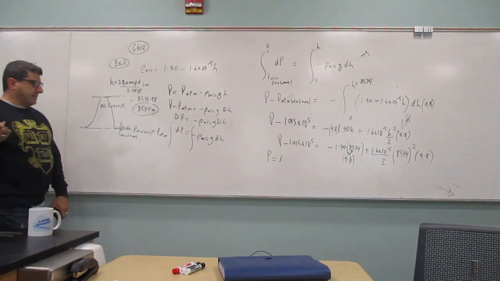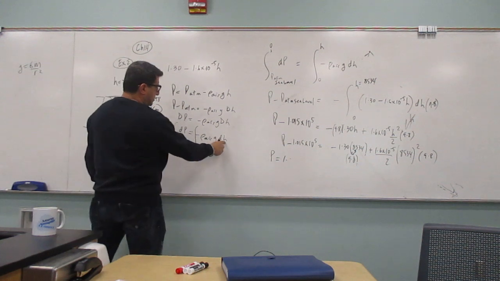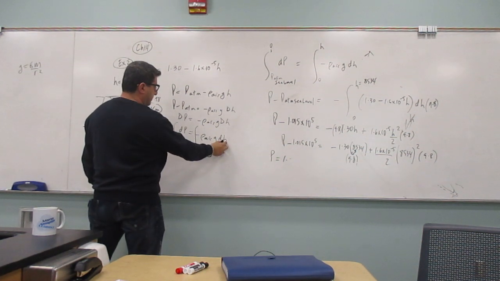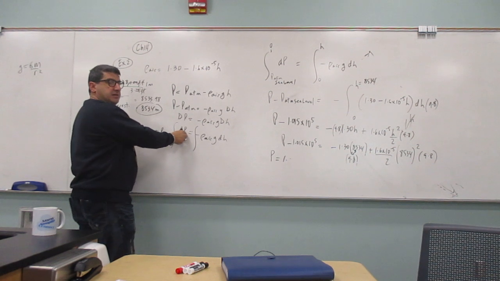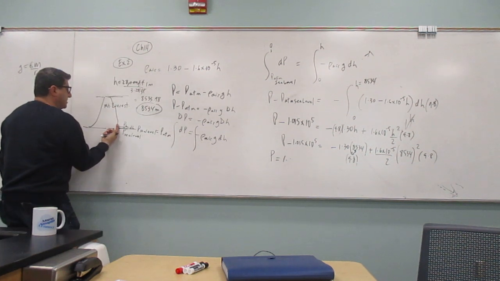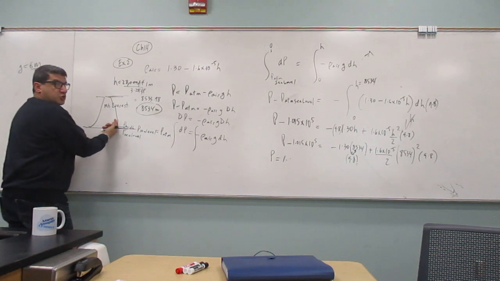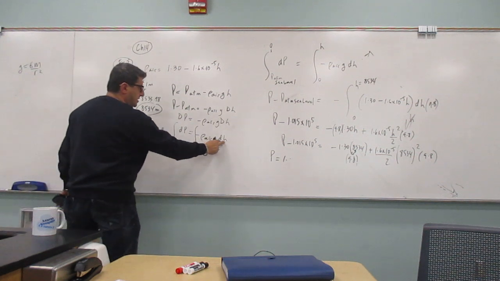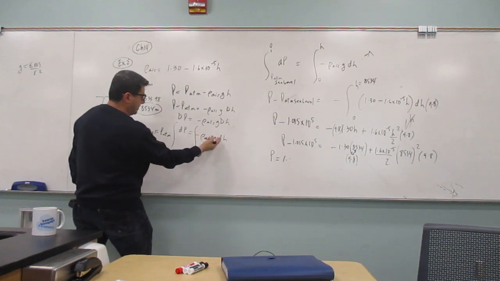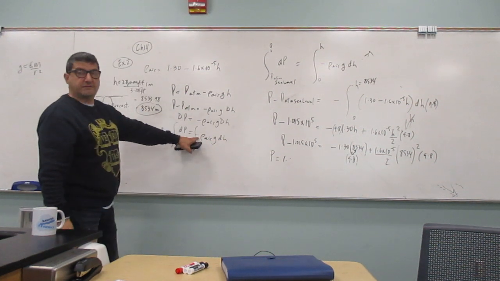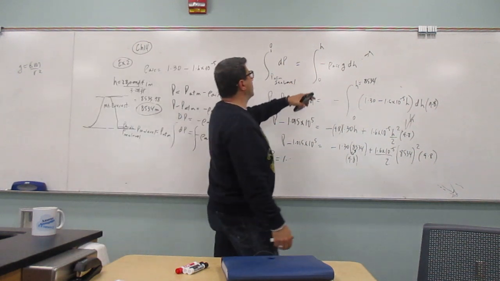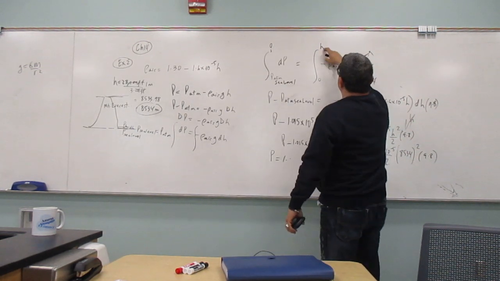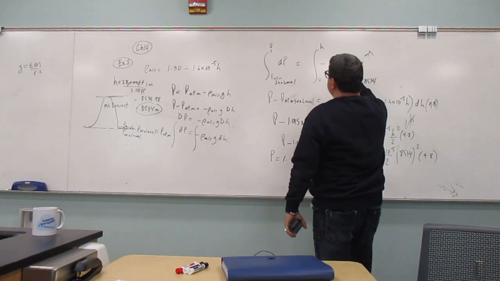The way I would do that is to say, okay, if dh is positive, what do I expect dp to be? Negative. Right, so if I'm going up in height, I expect the pressure to drop. So if dh is positive, dp I expect negative. So I don't see a problem with the negative there. Then I look at my limits. 0 to h, that's going to give you positive there.